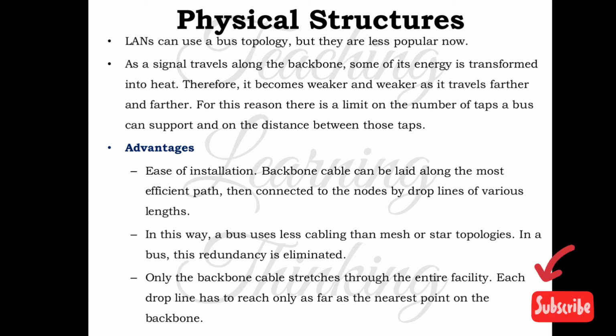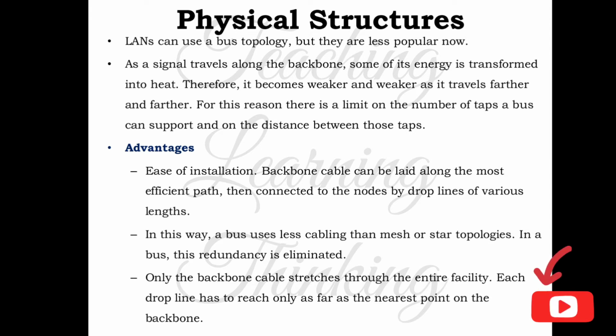So the energy or the signal strength is weakened as it travels farther and farther. For this reason, there is a limit on the number of taps a bus can support and on the distance between those taps. So there is a limit in the bus topology to reduce the number of taps between the cables. And we are going to see the advantages of bus topology.